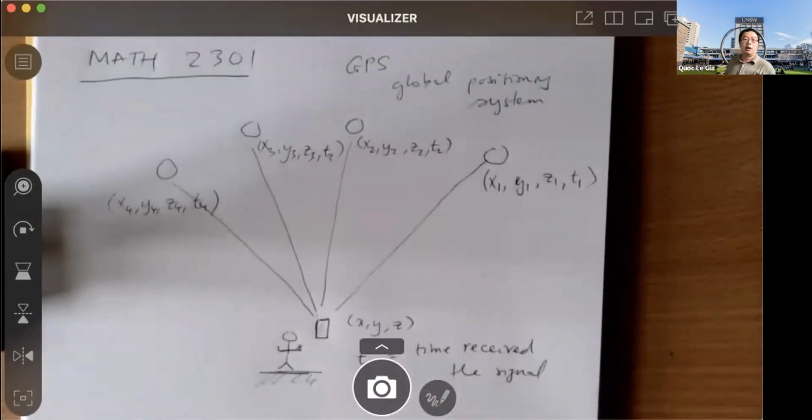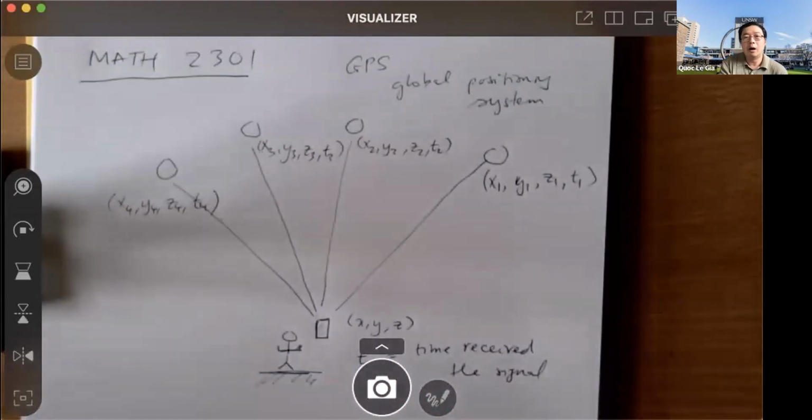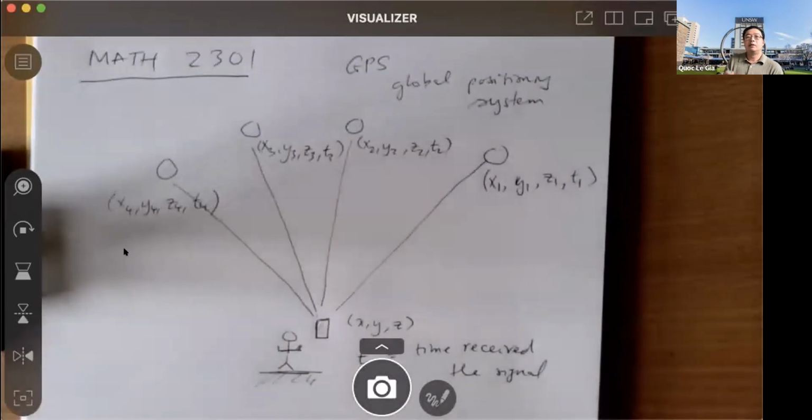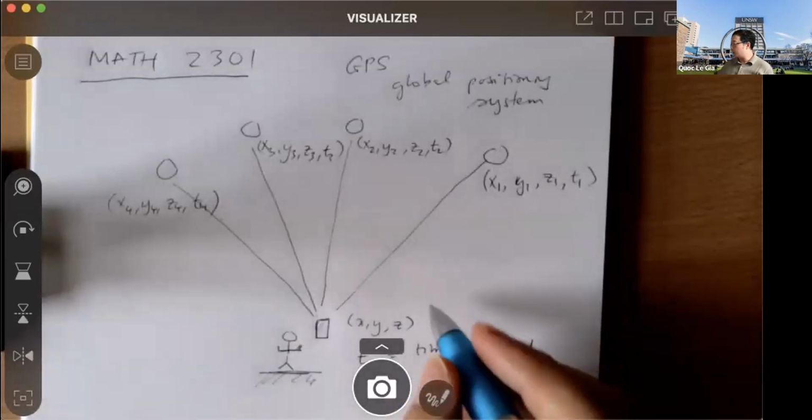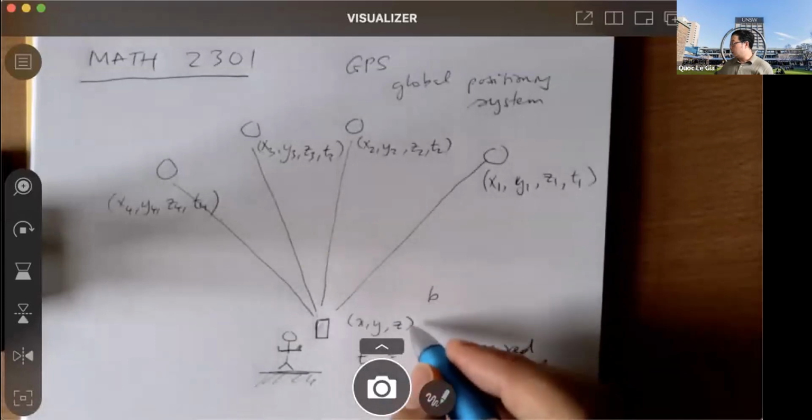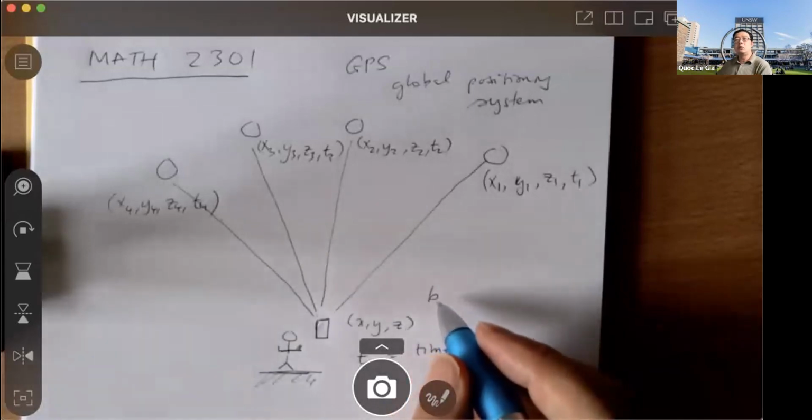And then, every device has some bias. What is the bias? The bias is the difference between the clock in your device and the true clock.